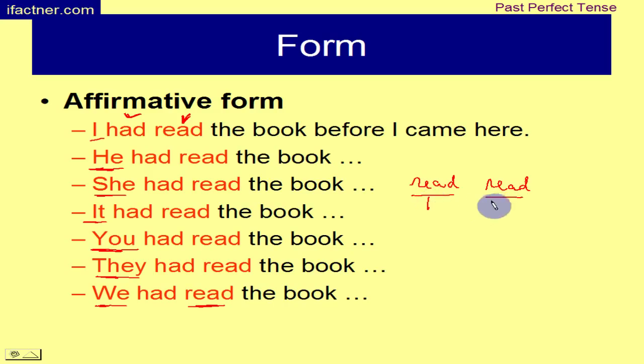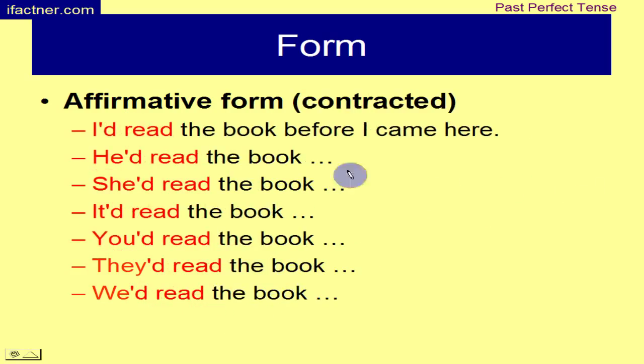This is red, and the third form is also red. So it is easier to use past perfect tense because we use had with all the pronouns, and we use the third form of the main verb.